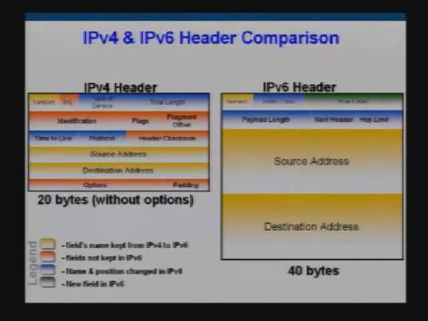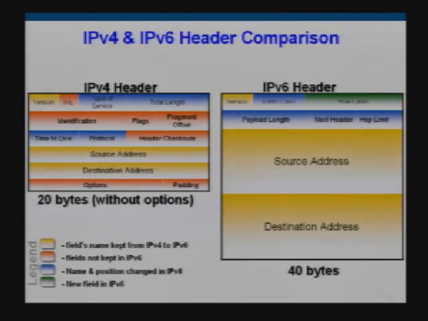Just a quick look at the difference between the v4 header and v6 header. As you can see, the IPv6 header is much more simplified. Even though the header has a standard size of 40 bytes, the source address and destination address are taking up a total of 32 bytes because they are 128 bits address spaces, right? Then only 8 bytes is available for the rest of the header options.